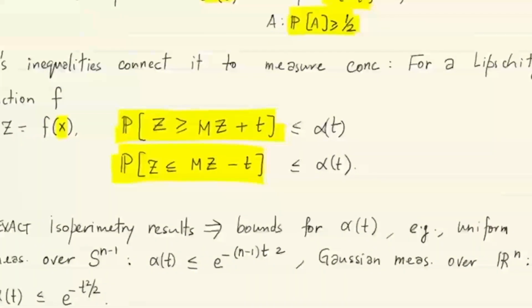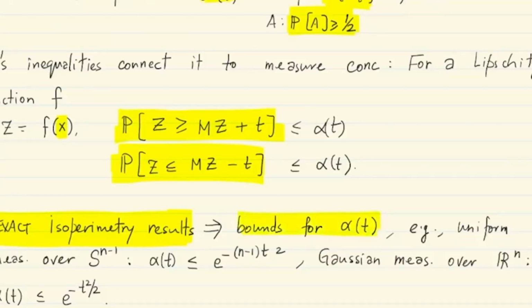We also saw that bounds on alpha of t can be obtained by leveraging, whenever possible, exact isoperimetry results, which basically tell you what are the optimal shapes with respect to achieving best possible surface area for a given volume or vice versa. So exact isoperimetry results imply bounds which are often explicitly computable for the concentration function alpha of t.